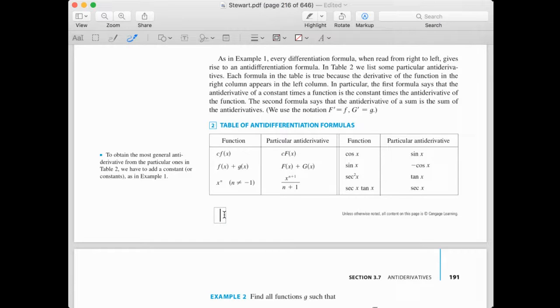So ln of x, ln is log base e, right? So natural log. If the function f of x equals ln x, then its derivative, let's follow the book.